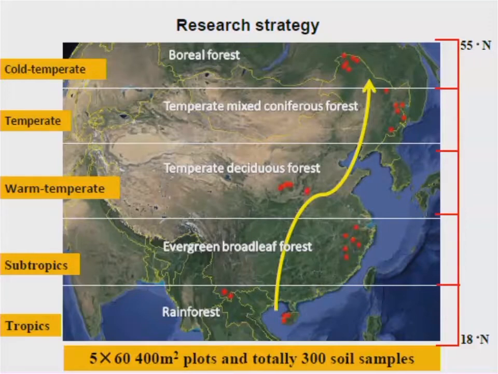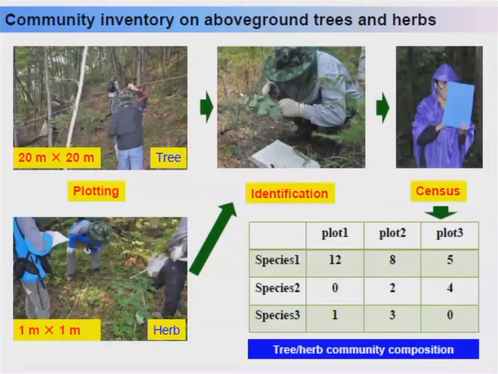So we collect samples from the forest ecosystem because the forest ecosystem has less human disturbance. So it more represents the natural conditions. So from the very south to the very north, we collect the soil samples, and also we need to identify the above-ground plants.